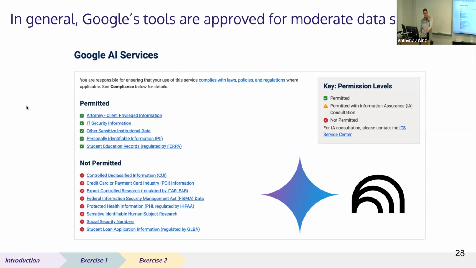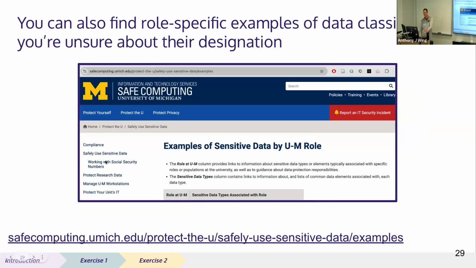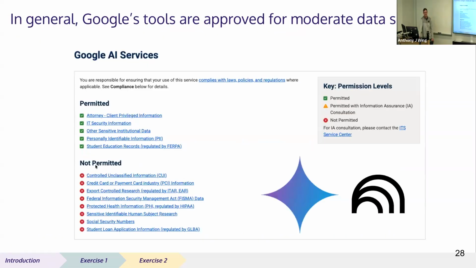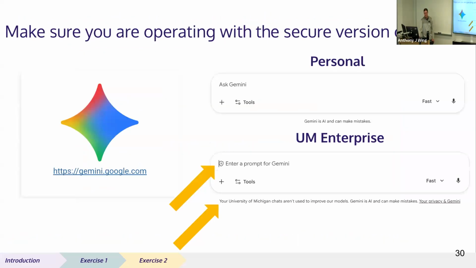They're not bulletproof. If you want to learn more about those different types of data sensitivity, what roles, anywhere that you want to go for that, you can go to safecomputing.umich.edu. It looks just like this. They'll give you a bunch of different examples of sensitive data and what they would recommend based on that, right? And that's actually where this comes from. So any tool that you want to use through U of M, it'll have a little page like this, so you can check it out, okay?